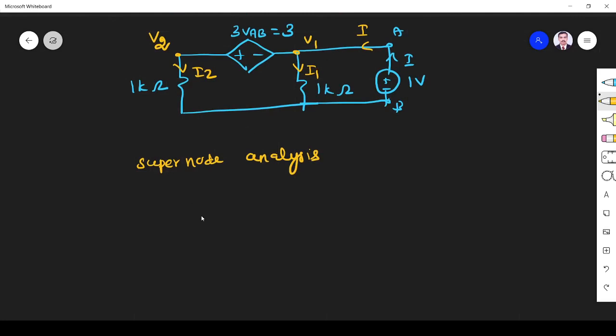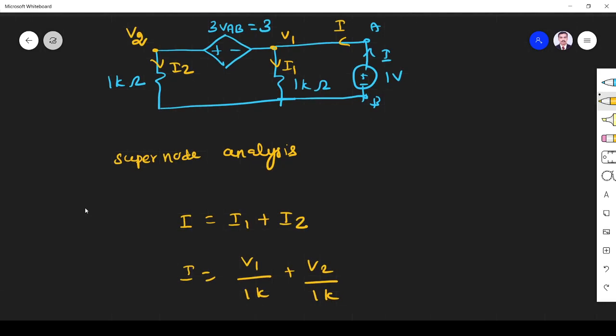So incoming current is I, and I is equal to I1 plus I2. I is equal to I1 plus I2, where I1 is nothing but V1 by 1K, and I2 is V2 by 1K. This we have done. Then we have to apply the equation only at this super node branch.